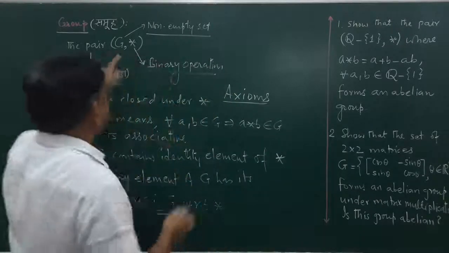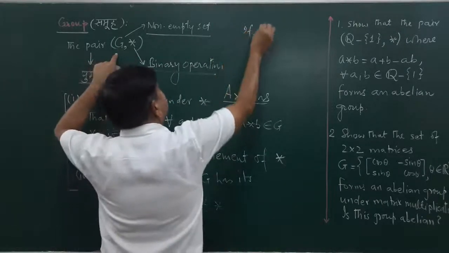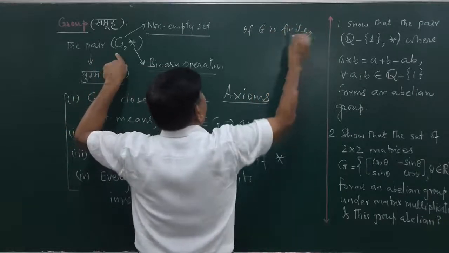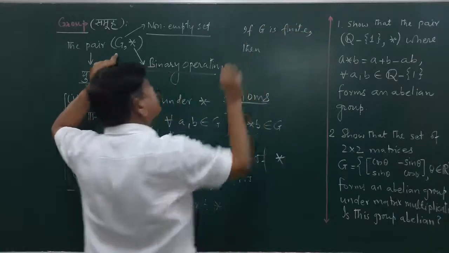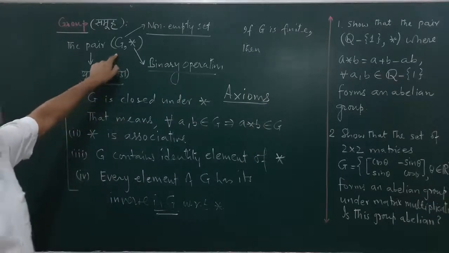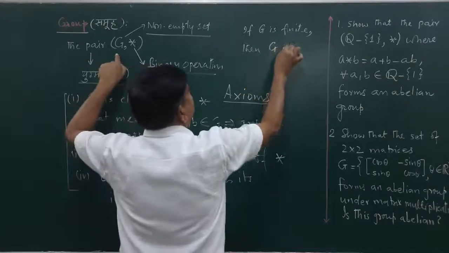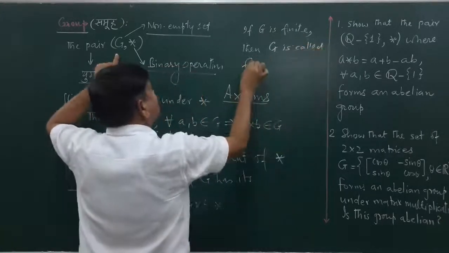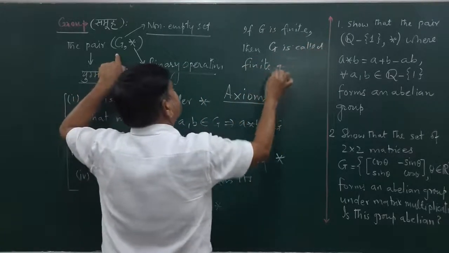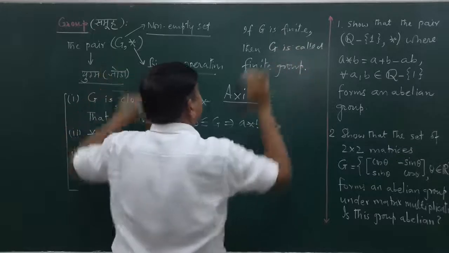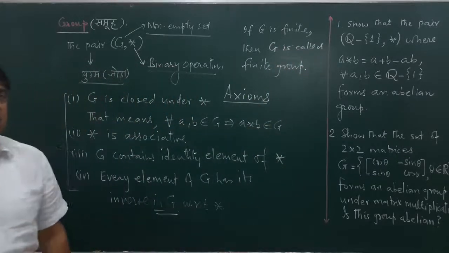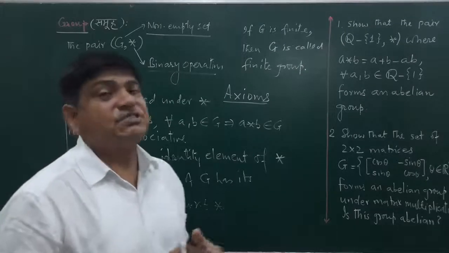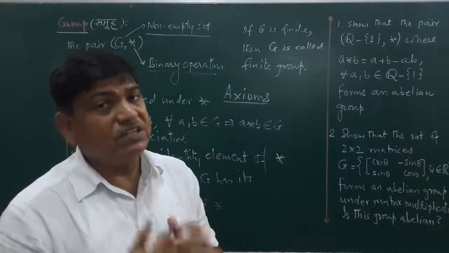Again, if G is finite, then G is called finite group. यदि G फाइनाइट है, फाइनाइट का मतलब नंबर ऑफ एलिमेंट्स मस्ट बी फाइनाइट, आप काउंट कर सकते हो.